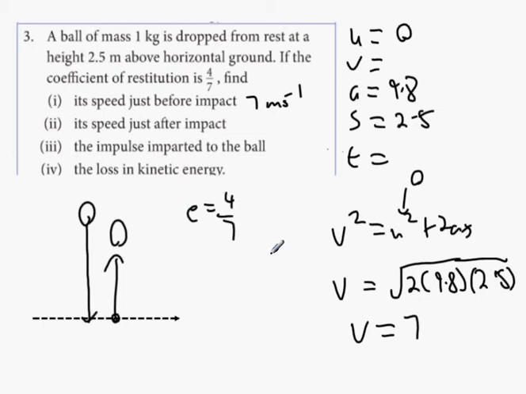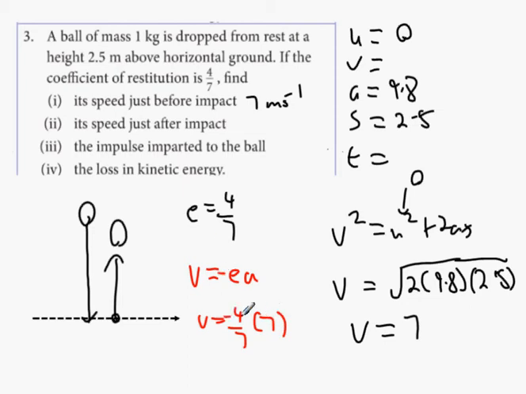So basically, there is a technical formula for this. It's V equals EU. Your final velocity equals your coefficient of restitution times your initial velocity. Only one problem, it's going in the opposite direction, so minus EU.